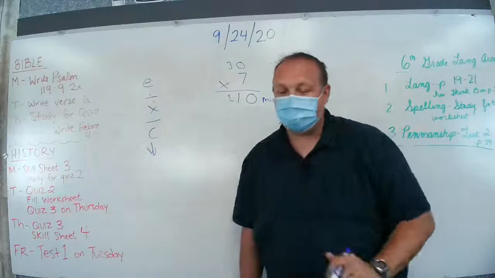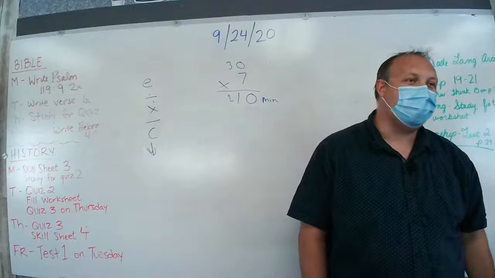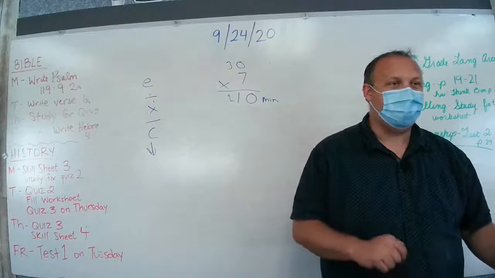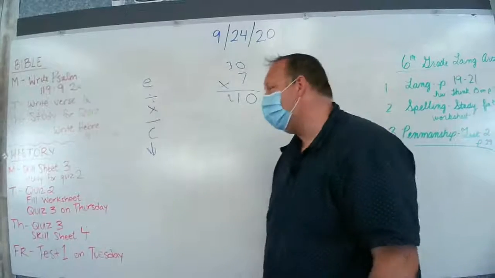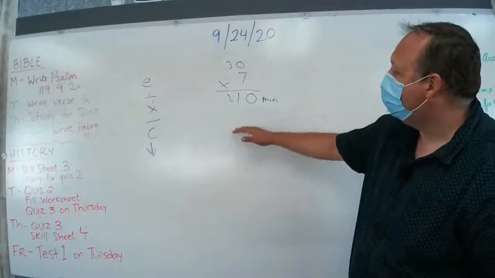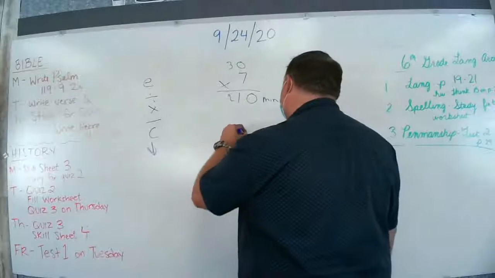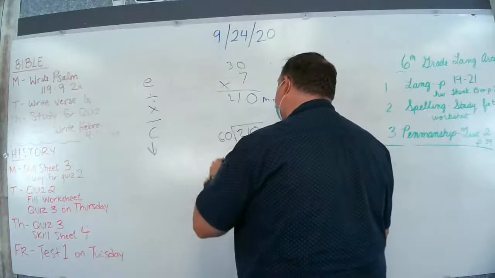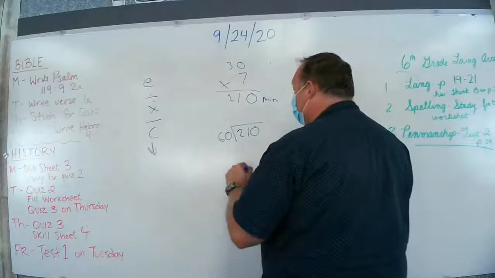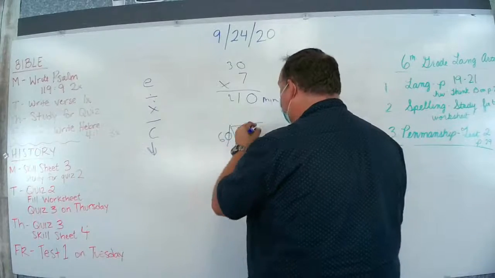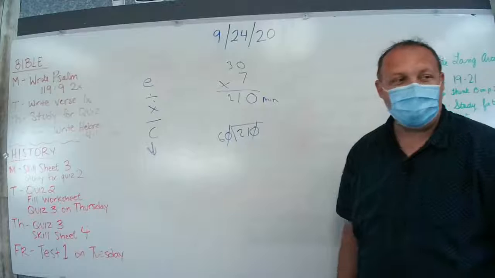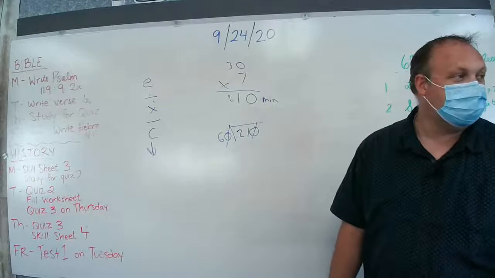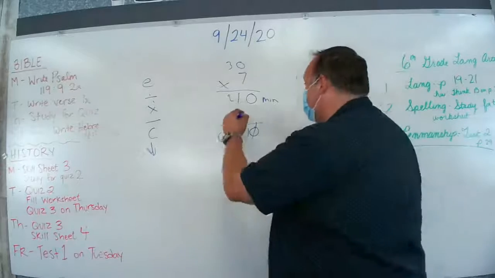But what does it say to do? Write the answer in hours and minutes, right? Okay. So, we're going to take 210. We're going to divide it by 60. Actually, we're going to get rid of these zeros because that'll help us divide faster. 21 divided by 6 is 3.